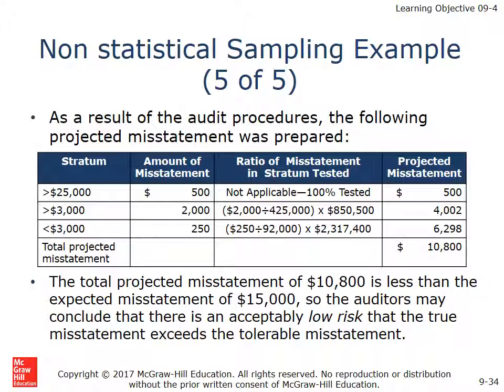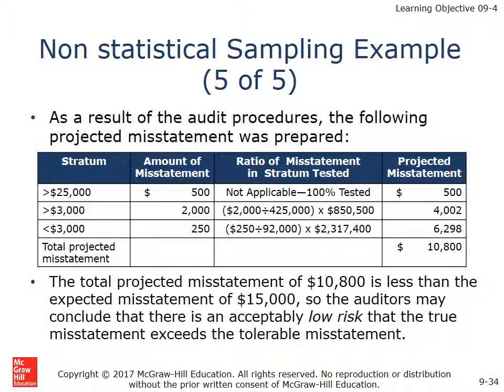Divide the $250 by the dollar amount in your sample, 92,000. And then multiply that percentage by the total population in that stratum or category, the $2,317,400. And that's your projected misstatement for those items in that category, less than 3,000.